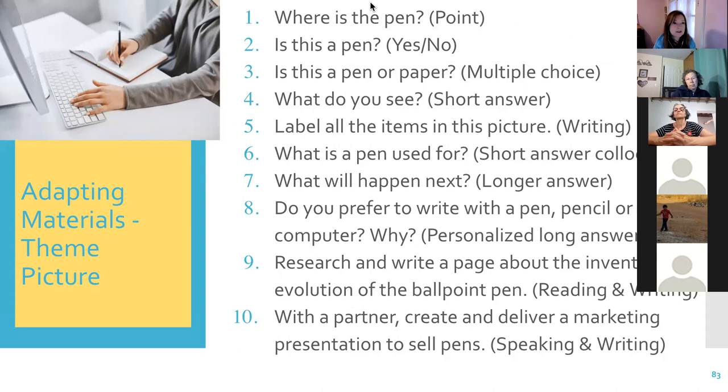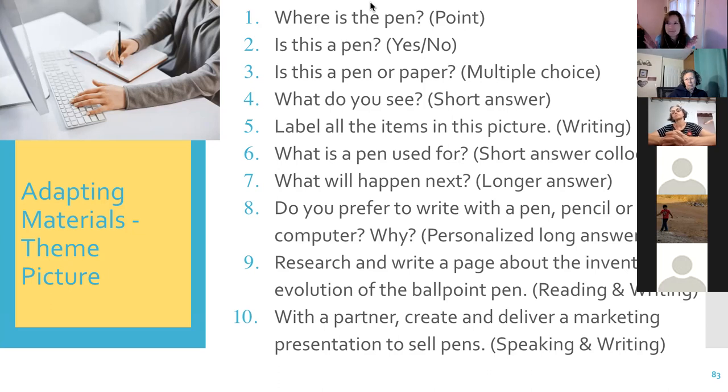So in this picture, you can see there is a person who's typing on a computer and they're writing with a pen in a notebook. For a very low-level beginner student, if they're not able to produce any language at all, if you ask them, what do you see in this picture?